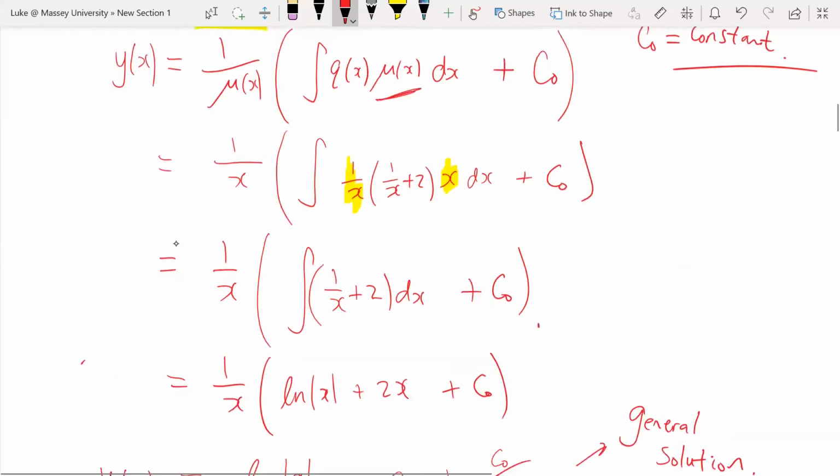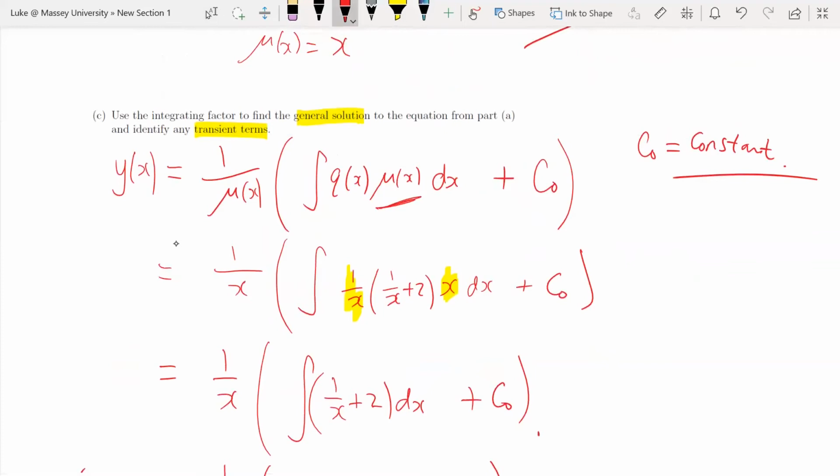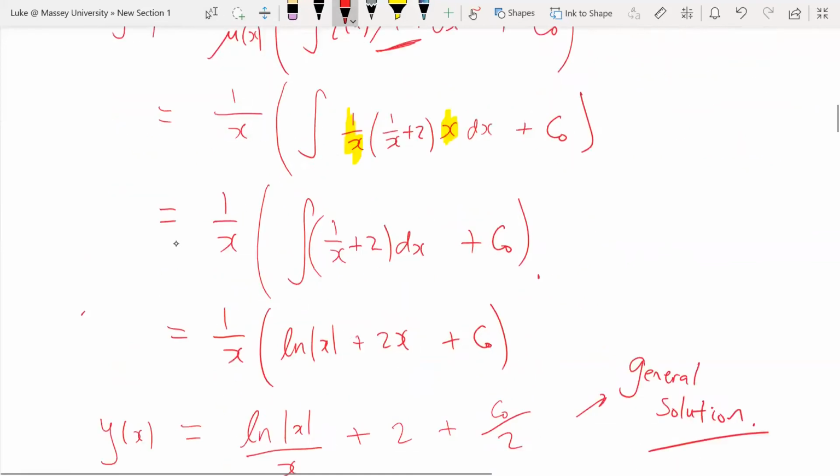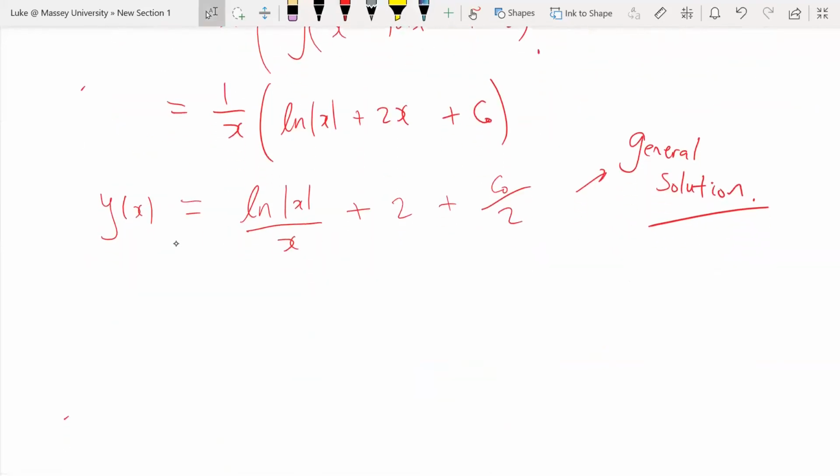But of course the second part of the question was asking for transient terms. So remember, transient terms are those terms that go to 0 as, in this case, x gets very large or approaches infinity. Okay, so clearly, oops, I've made a mistake here. This should be c naught over x, not 2.